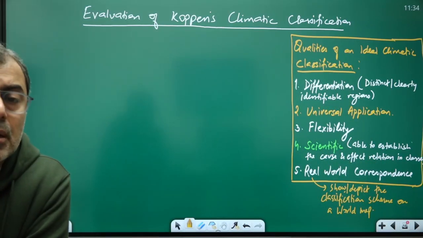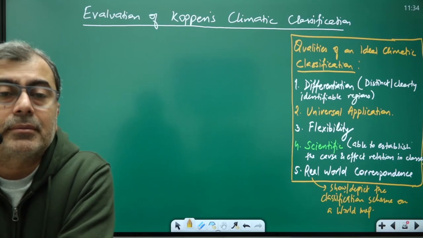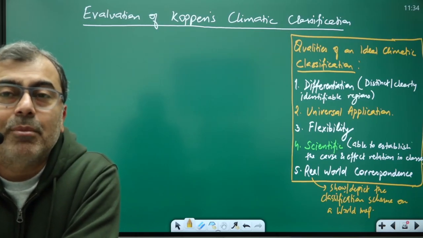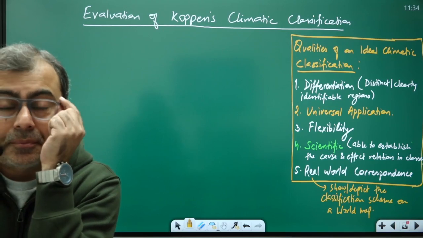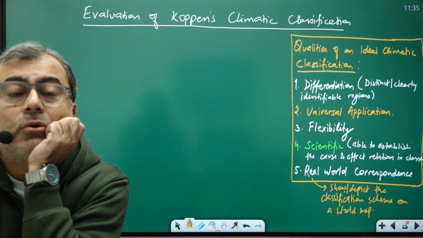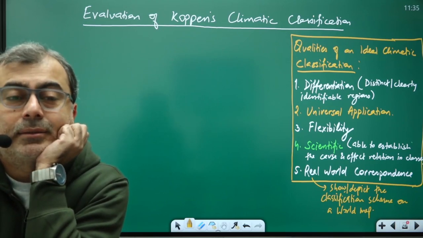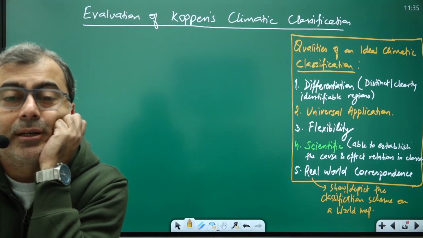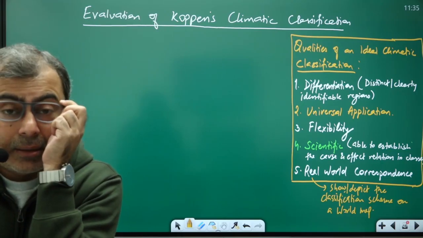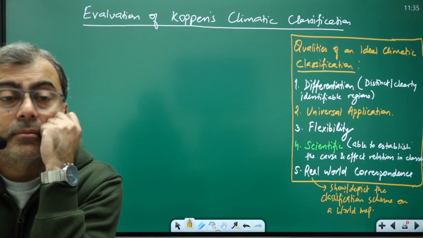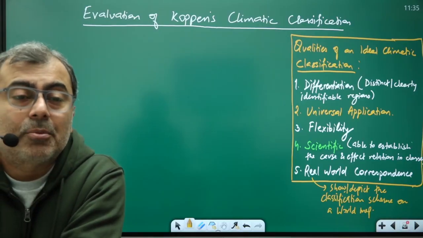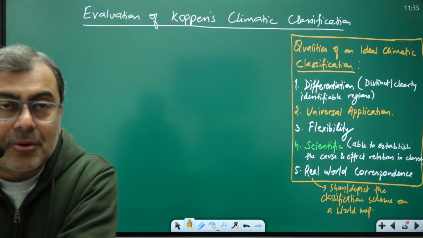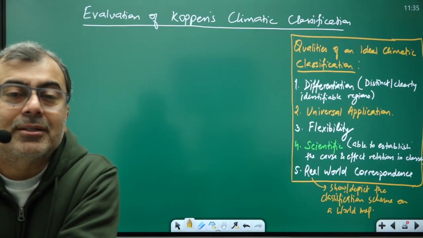So you are the boss now, everyone. Now you are the evaluator. I am making you the evaluator of Koppen. So you don't have your subjective biases in that. You have to decide, quickly tell me, how many marks will Koppen get? On which criteria is Koppen going good? On which criteria is Koppen not going good?